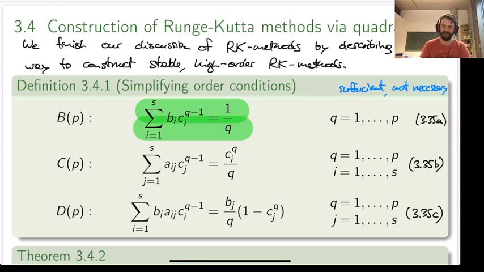And so this simply says that the bi's and the ci's should be chosen so that the order of precision of the quadrature rule, the Genauigkeitsgrad, is p. So if you can satisfy this for q equals 1 to p, so for all monomials from 0 up to p minus 1, then that's the first order condition.